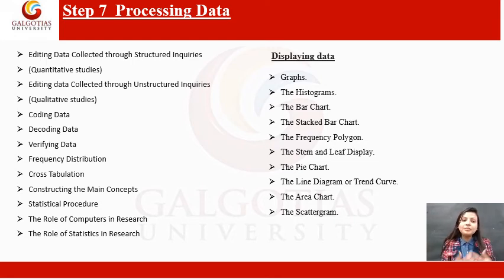After that, we display it in the form of graphs, how many people said this, how many people said that. Then we compare each and every graph and find out the problems: how many people say there is a parking problem, how many people say there is a lack of shops, how many people say there is a lack of this. So these are evaluated by the use of graphs, bar charts, histograms, pie charts, and all.